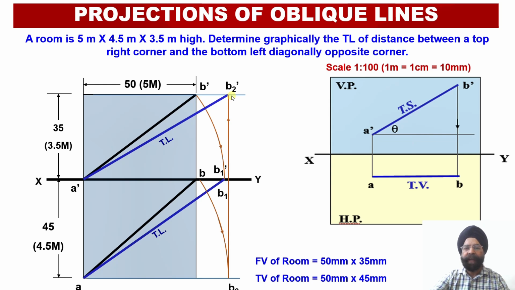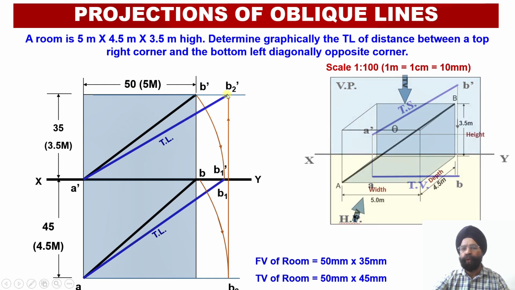As a check, we have to measure that the true length obtained in the plan, that is AB1, should be equal to the true length of this projection in the front view, that is A dash B2 dash.